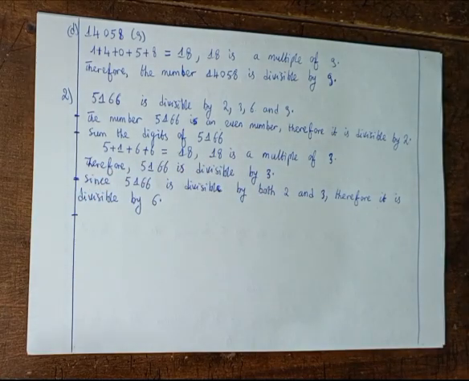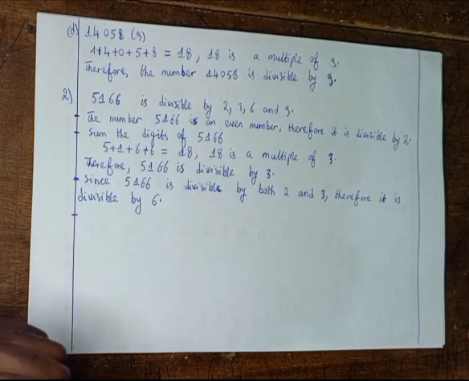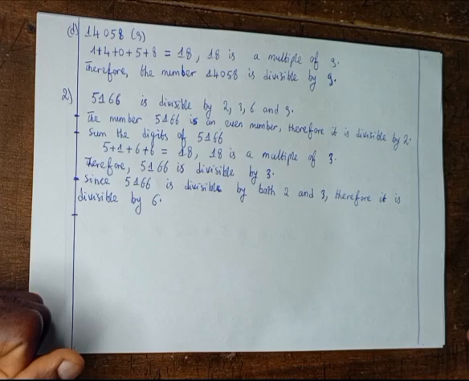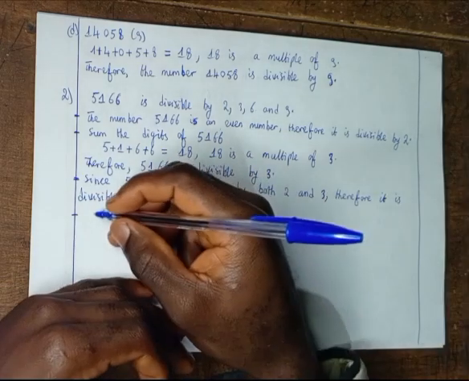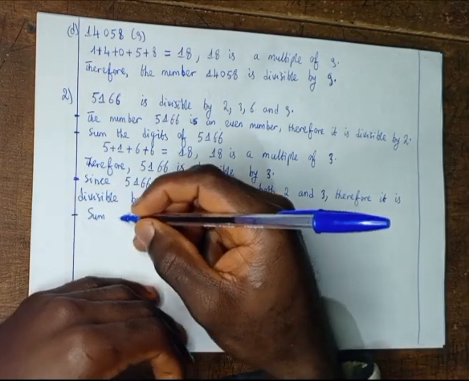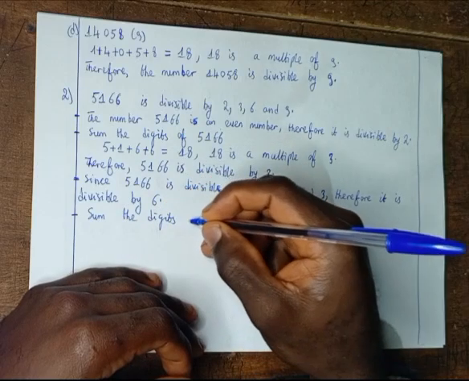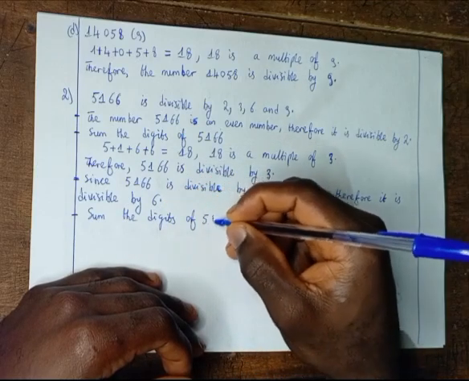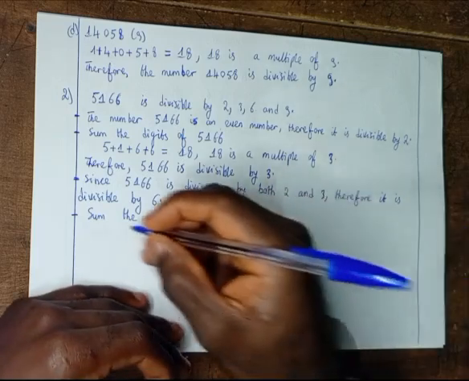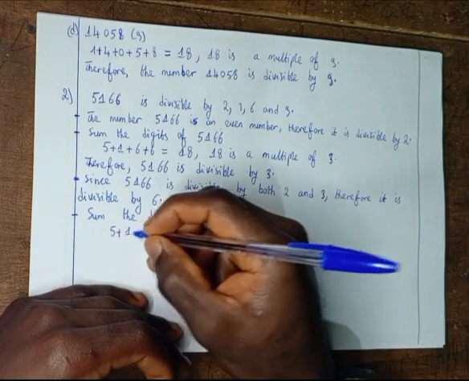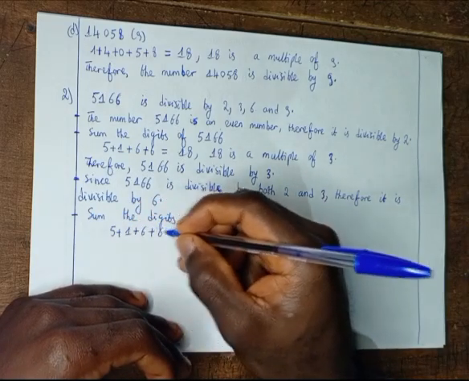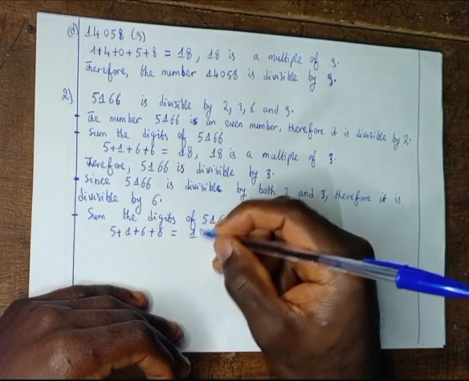Next, we have to check whether it is divisible by 9. We know a number is divisible by 9 if the sum of its digits is a multiple of 9. Let's sum the digits again. This will give us 5 plus 1 plus 6 plus 6, which is equal to 18.